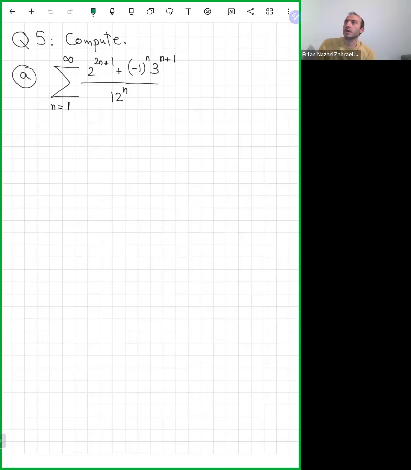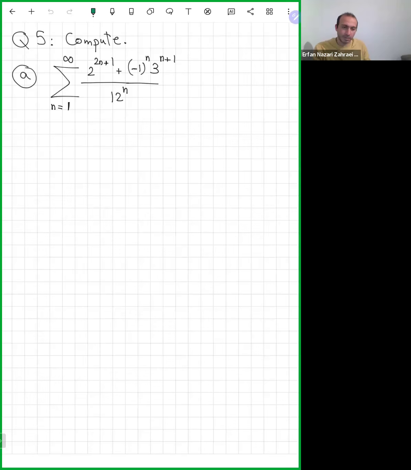Now let's do a couple of questions on series as well. I won't do any sequence question, but you have that as a content of test 2, and probably you have questions from sequences as well in test 2, but sequences are simpler than series. That's why I decided to do series.